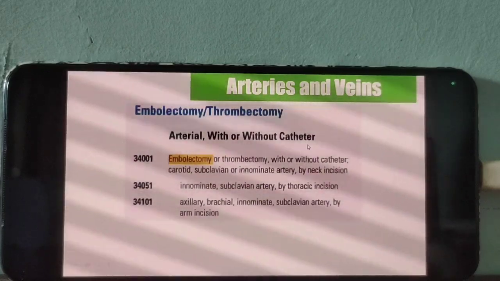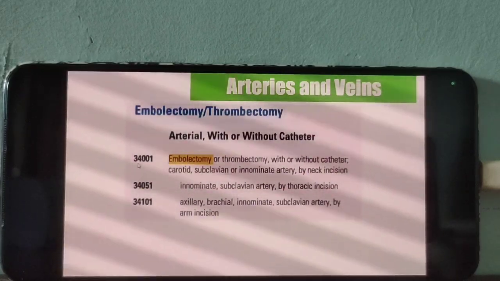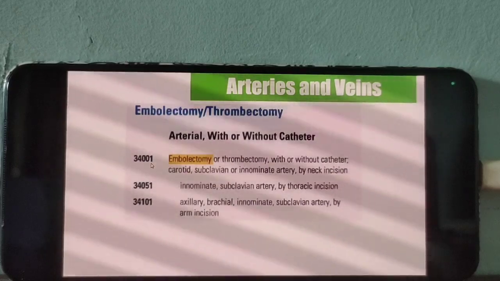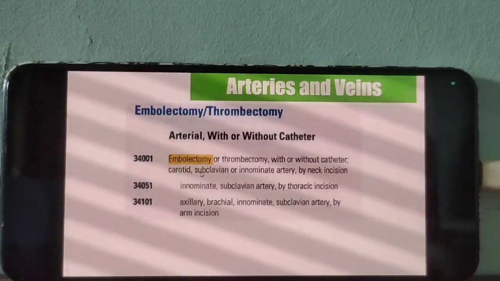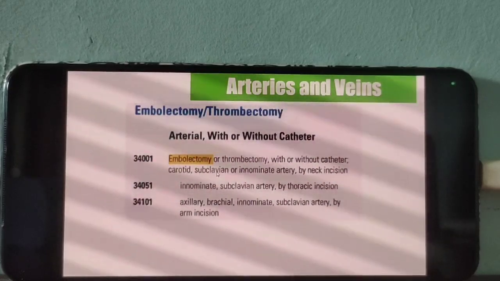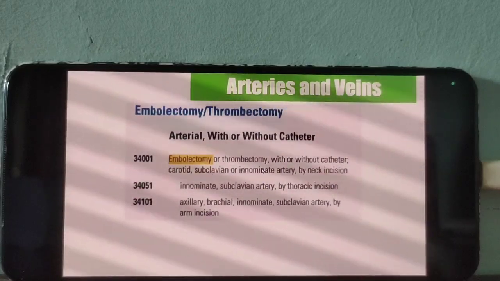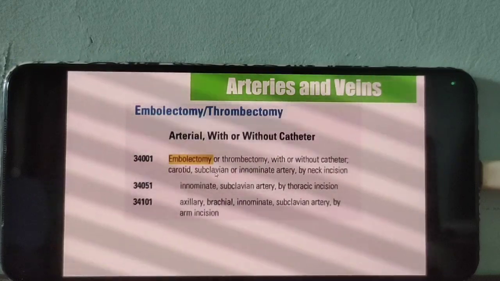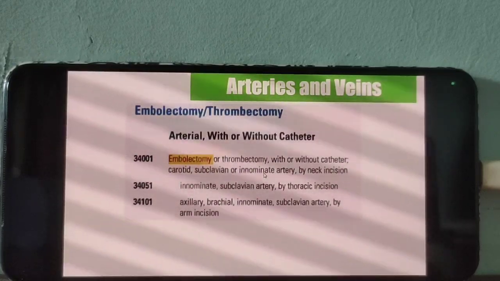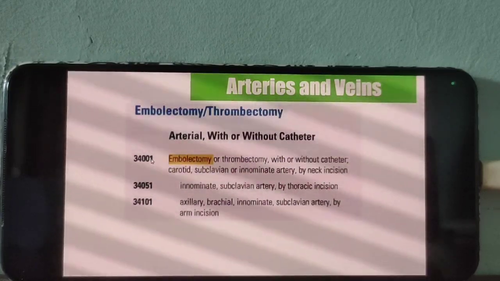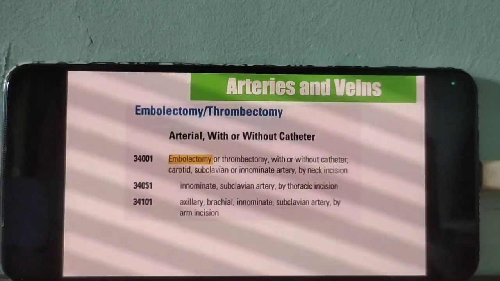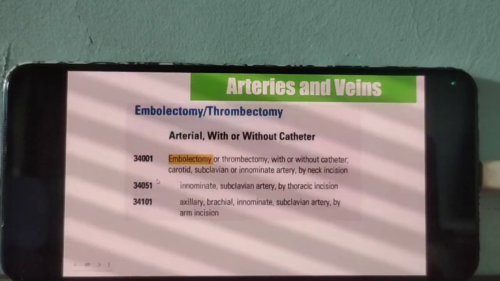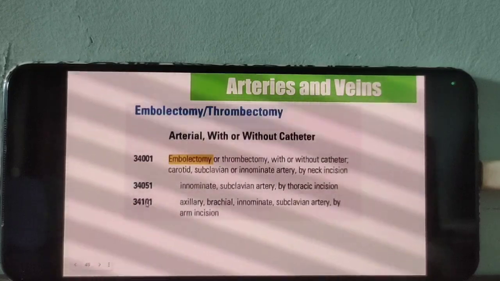Same like that, for neck incision, 34001. So the locations: this is the exact location of the embolism or thrombus. If the embolism or thrombus is present at the carotid, subclavian, innominate artery, for neck incision 34001, thoracic incision 34051, for arm incision 34101.